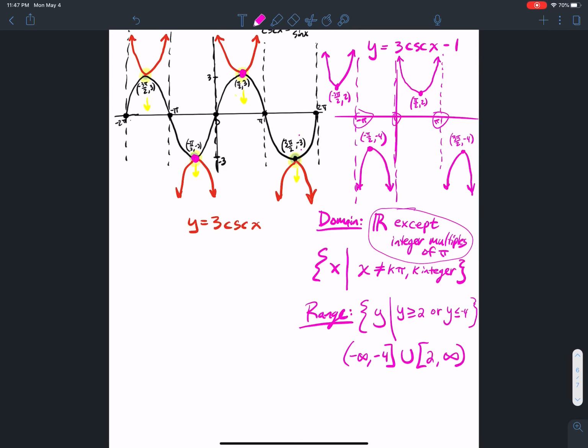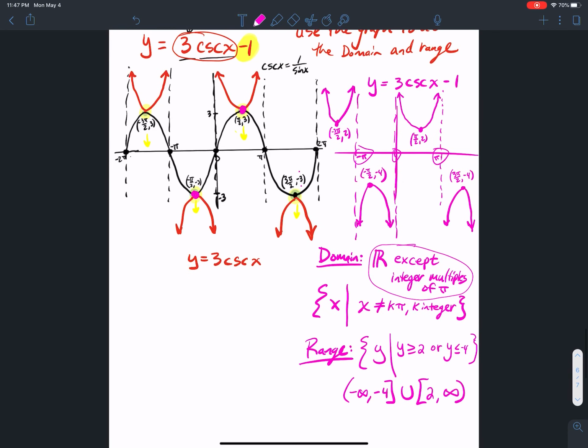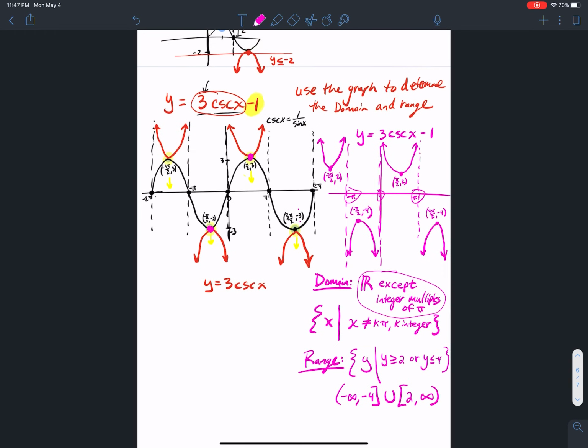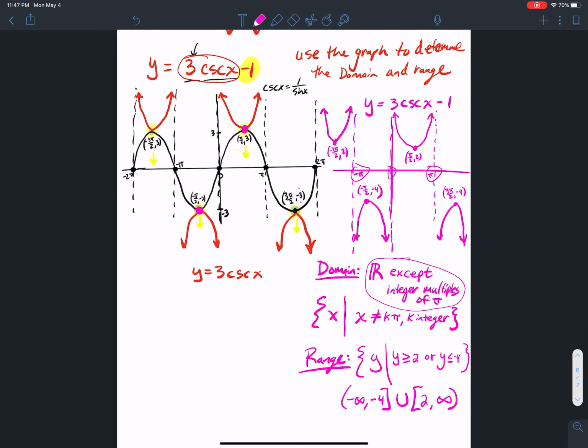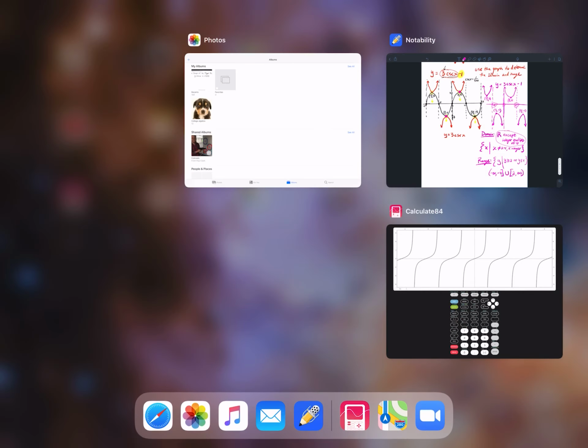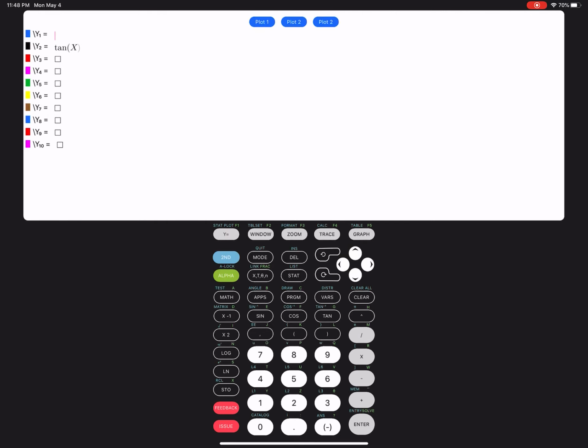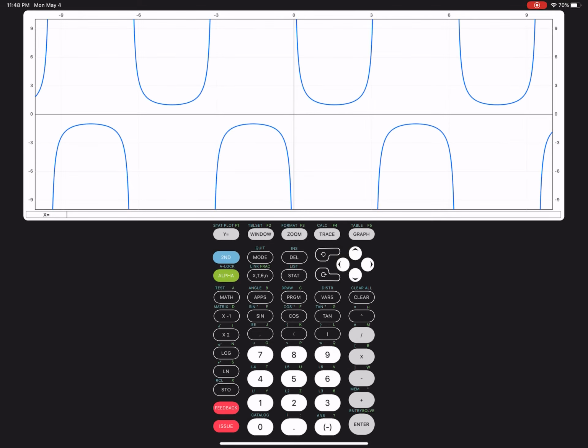All right, hopefully that will help you out. Sometimes these can be a little bit awkward to graph. I totally understand that. If you're ever stuck, the calculator is not a bad place to go. 1 divided by the sine of x, close it, enter, and then you kind of get an idea.